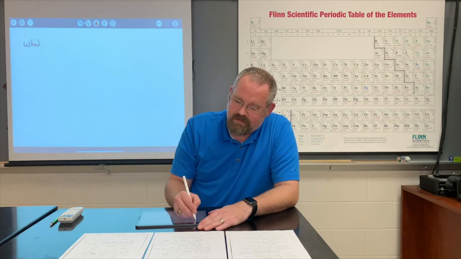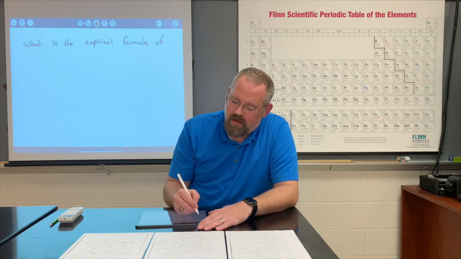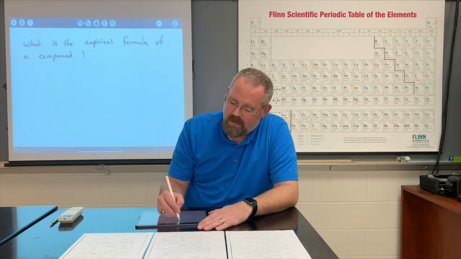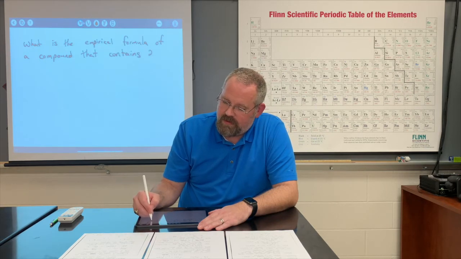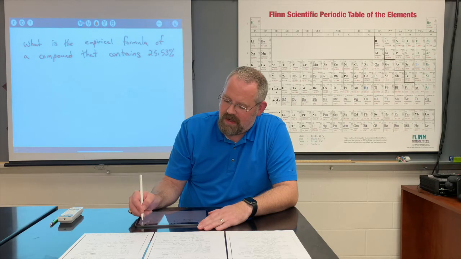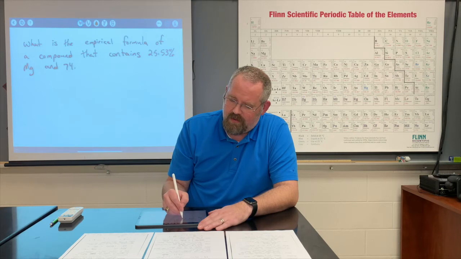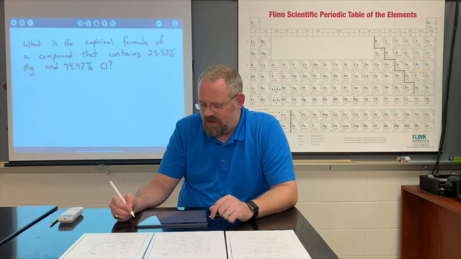What is the empirical formula of a compound that contains 25.53% magnesium and 74.47% chlorine? Well, that's a strange question.